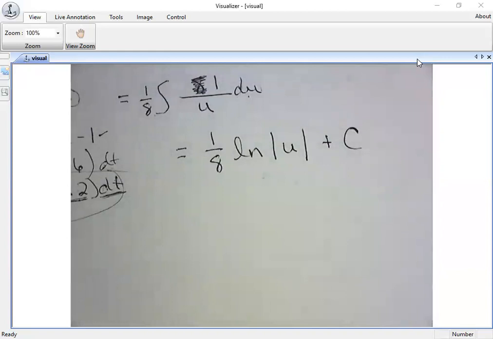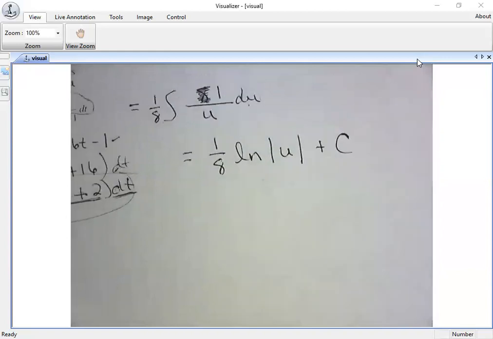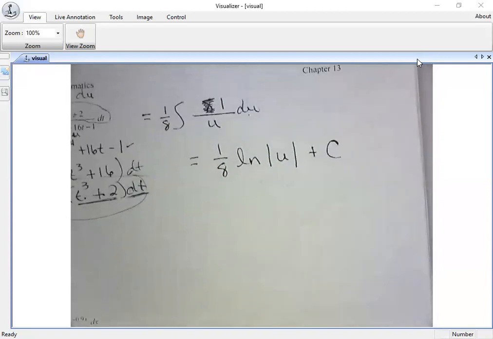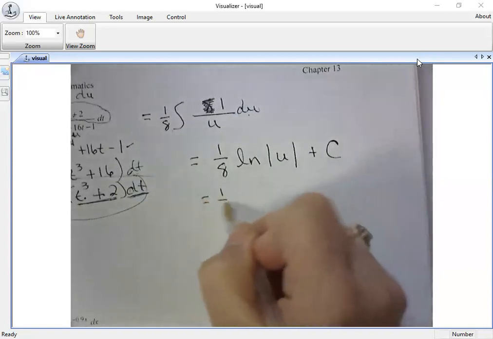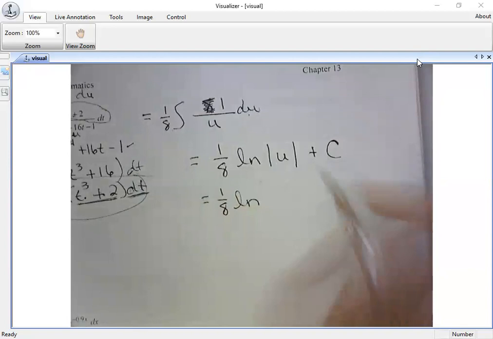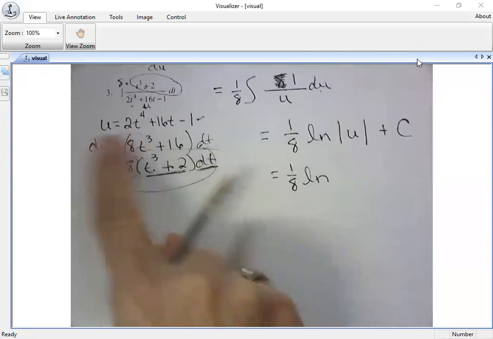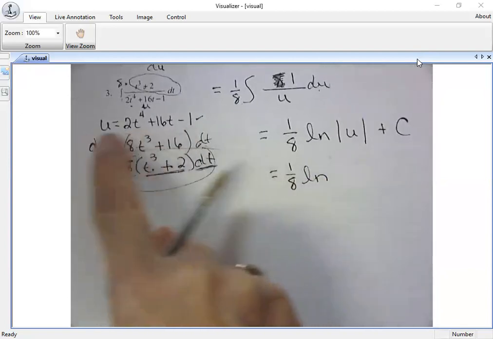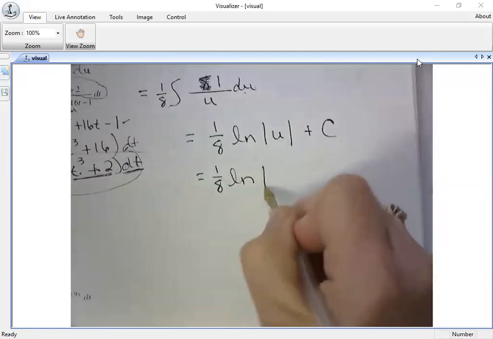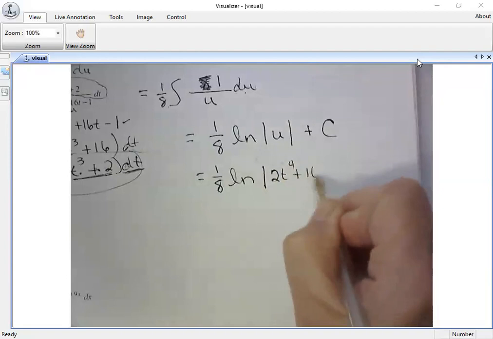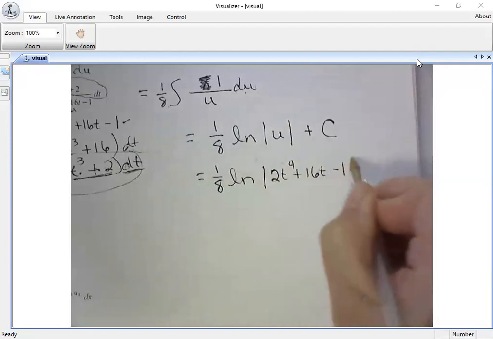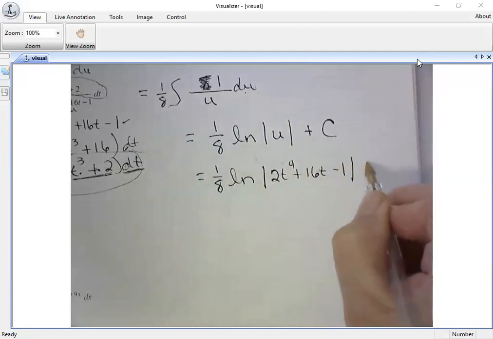Because my original problem did not come to me with u's as the variable. It came to me as x's and as the part of what the variable was. So now I've got to replace u with what's going to go in place of u. There you go. 2t to the 4th plus 16t minus 1. All of that is in the absolute value bars plus c.